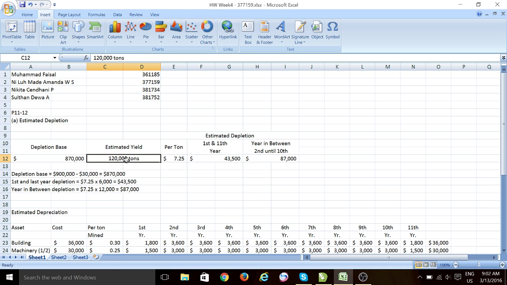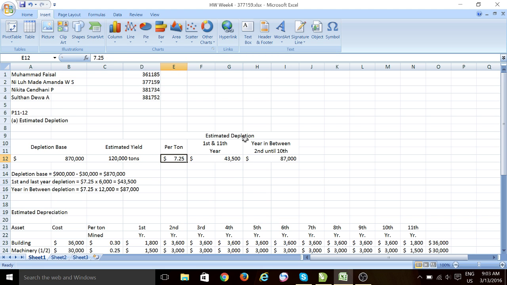And then from the question we know that the estimated yield is 120,000 tons. So dividing the depletion base by the estimated yield, we get 7.25, which is the cost per ton, the depletion per ton.